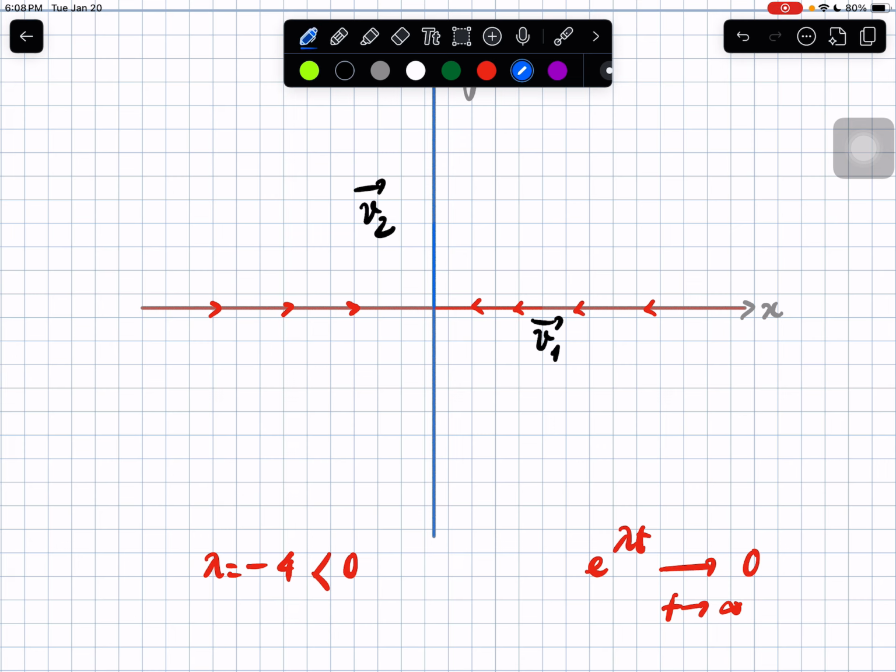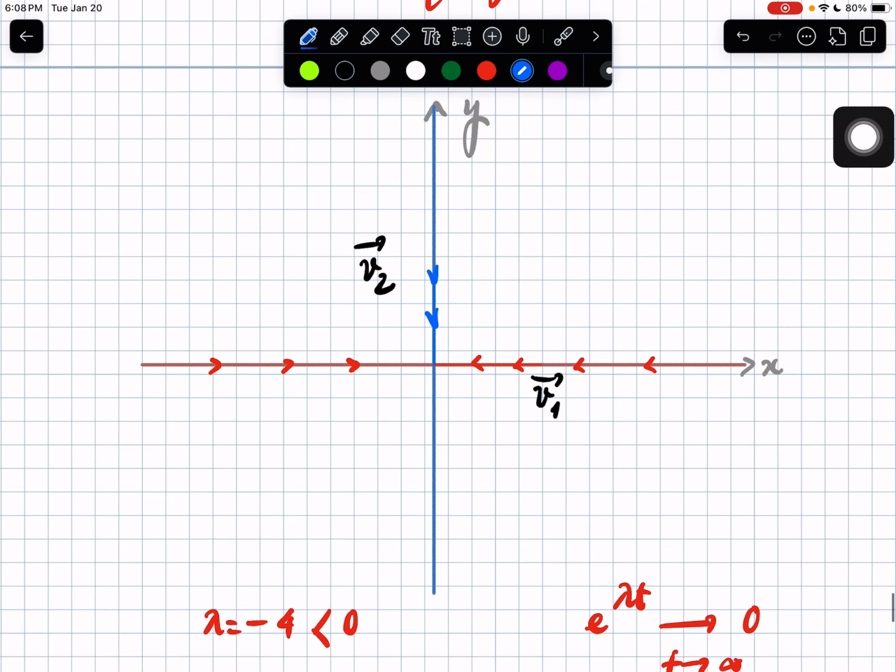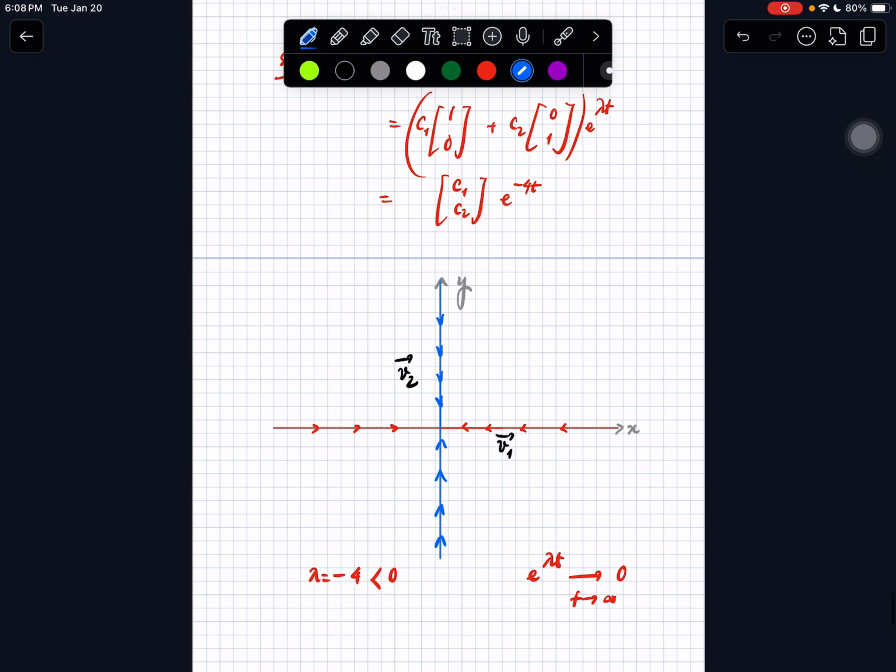Same for the line corresponding to v2, everything goes inward toward the origin. And everything else will be a combination of v1 and v2.